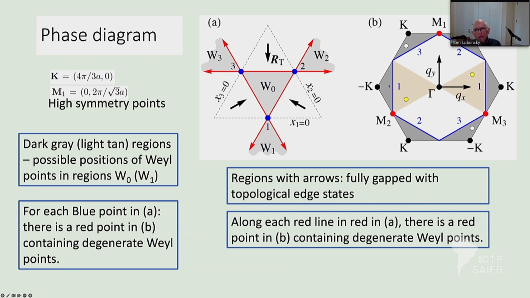So the light tan and the gray areas are possible. I should say that this is the Brillouin zone, with the symmetry points. Everybody who's worked on graphene knows that K and minus K are different, and M1, M2, and M3 are symmetry points in the lattice.